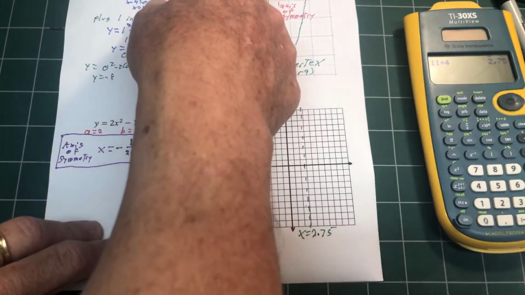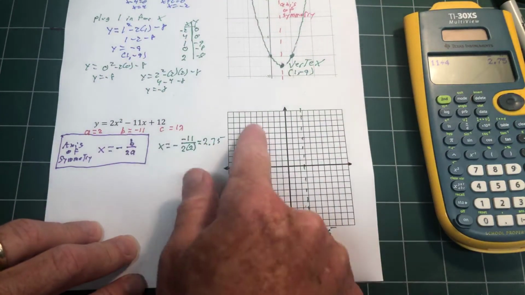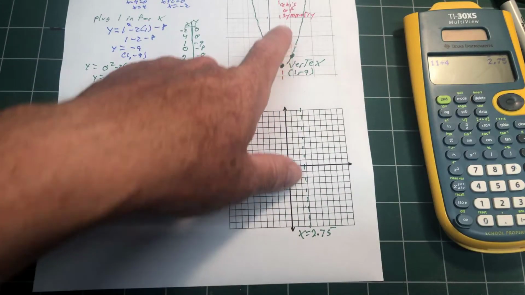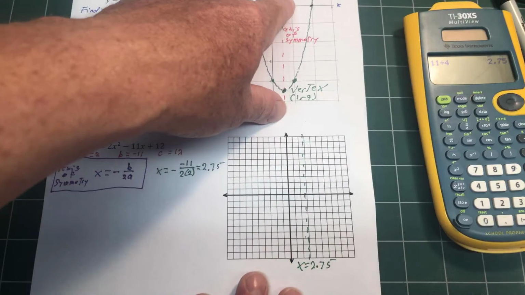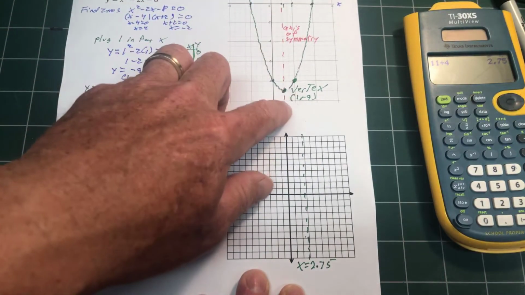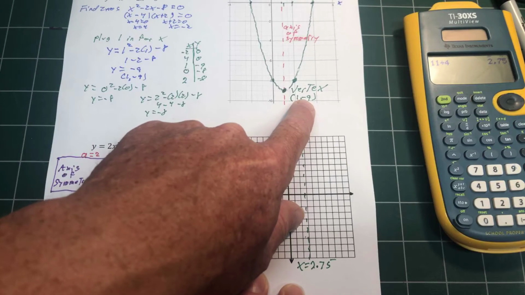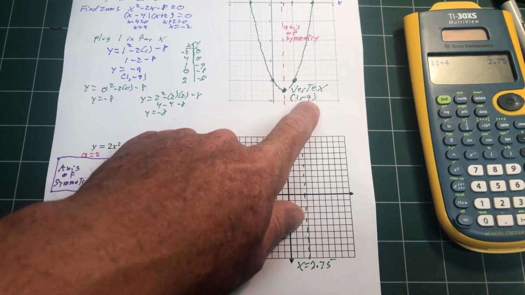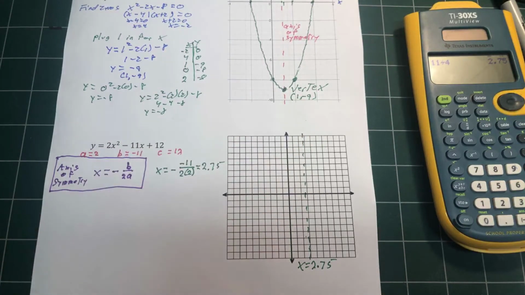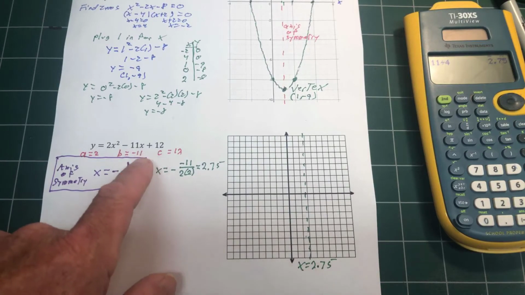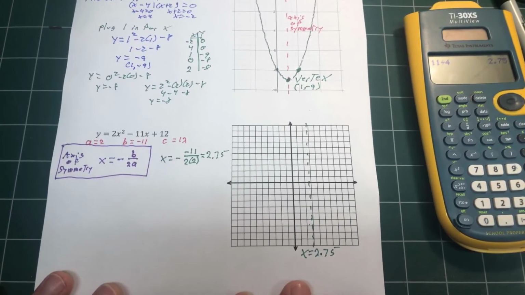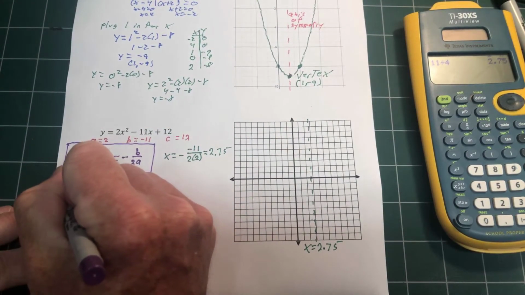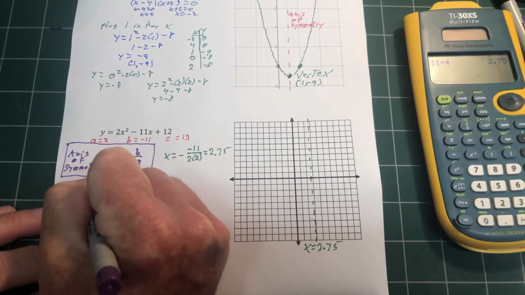I'm going to graph it, and it would help if I can get the vertex. We'll see how up top here the axis of symmetry was at x equals 1. And when I put 1 in for x, I get a value for y, right? x is your input. In this case, my output was negative 9. Let me input 2.75 in for x here, and let's see what we get, all right? Because the vertex is at the point negative b over 2a.